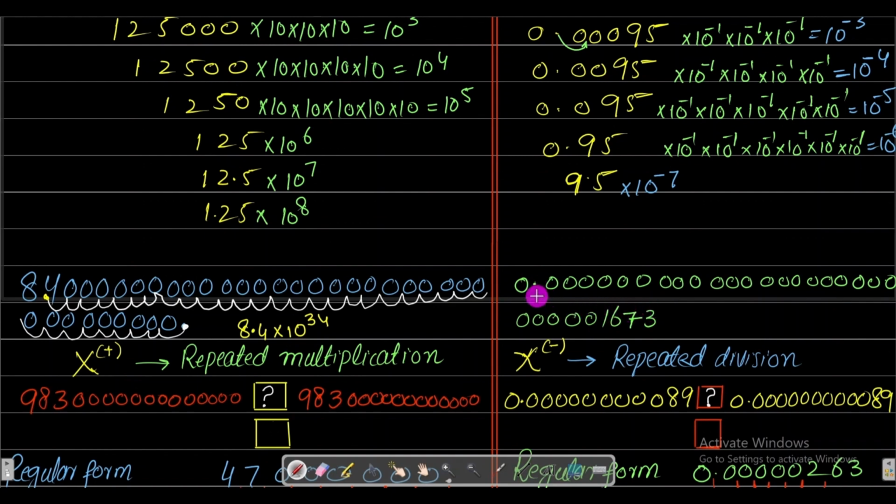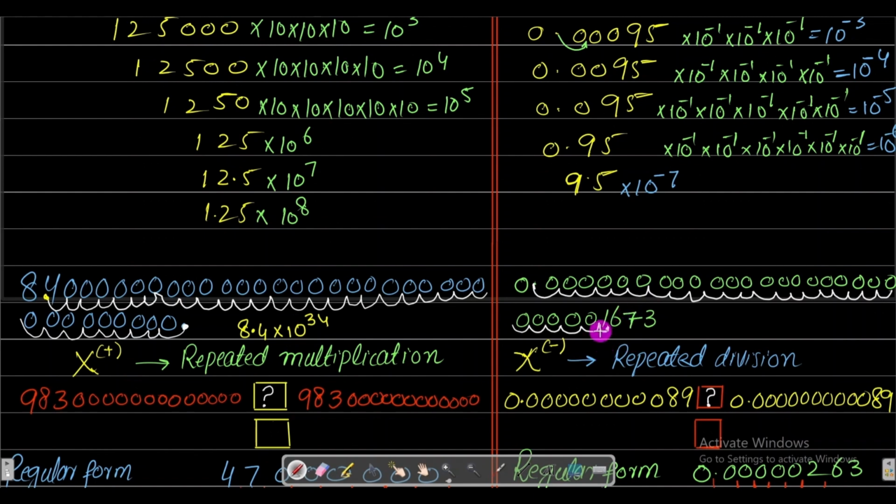So what we will do here is that we will take this same point from here, and we will take each step. So this is the first step, second, third, fourth, fifth, 6, 7, 8, 9, 10, 11, 12, 13, 14, 15, 16, 17, 18, 19, 20, 21, 22, 23, 24, 25, 26, 27.